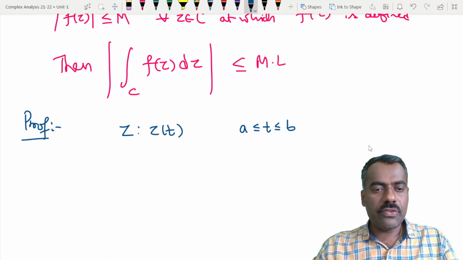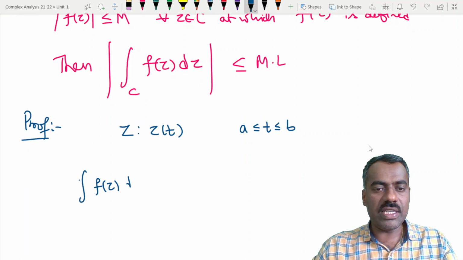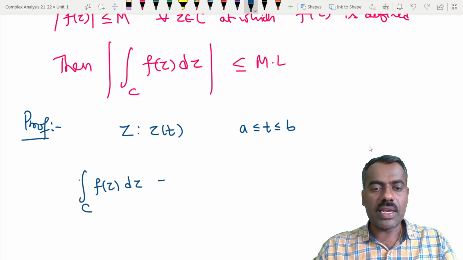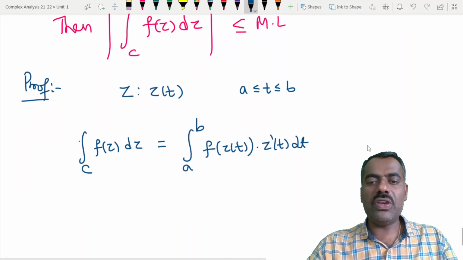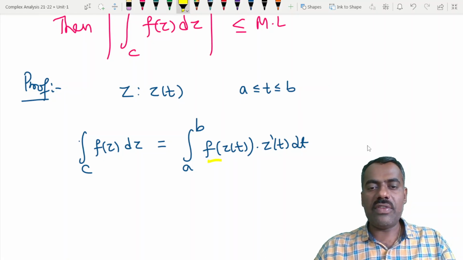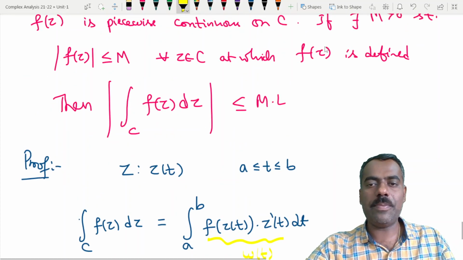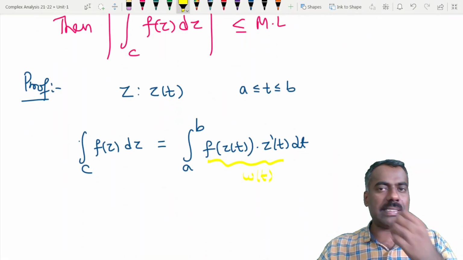With this, what we know is that the integration of f of z dz over C is, by how we have defined it, the integration from a to b of f of z of t into z dash of t. Whatever we have here, we can call it w of t, just like for the lemma; we know it is piecewise continuous.